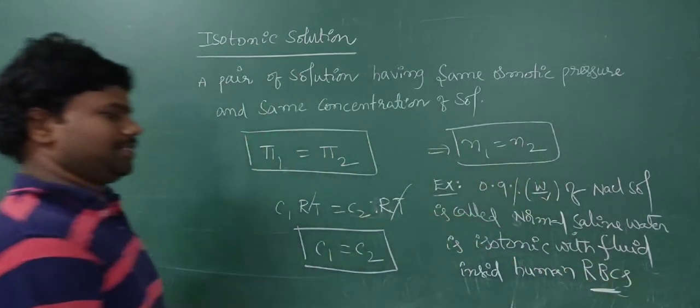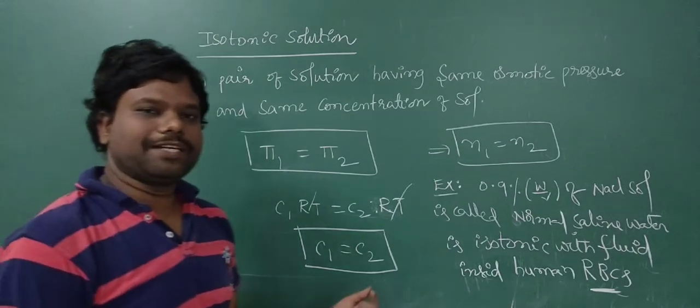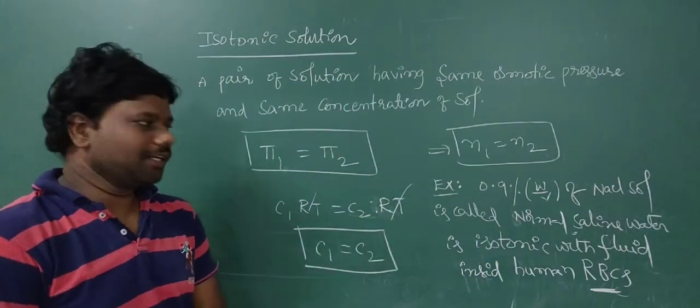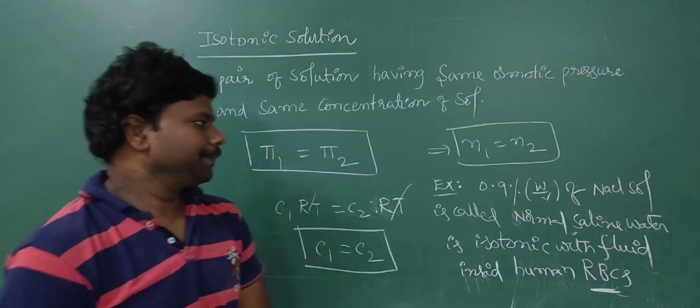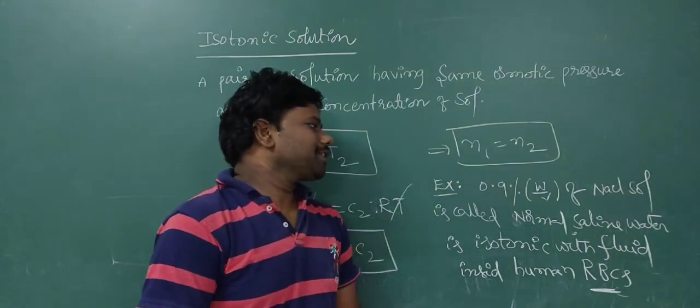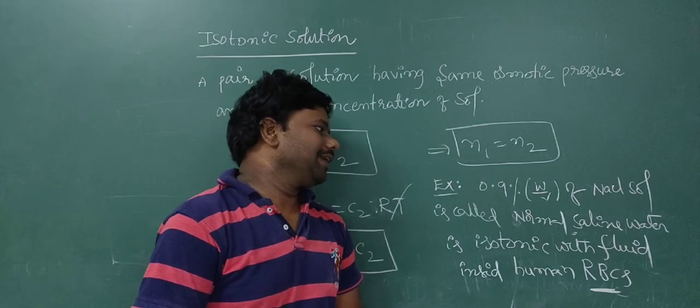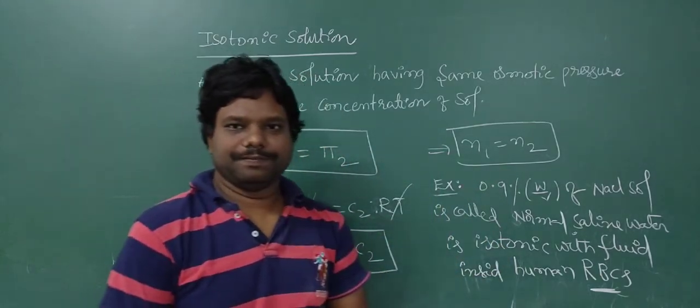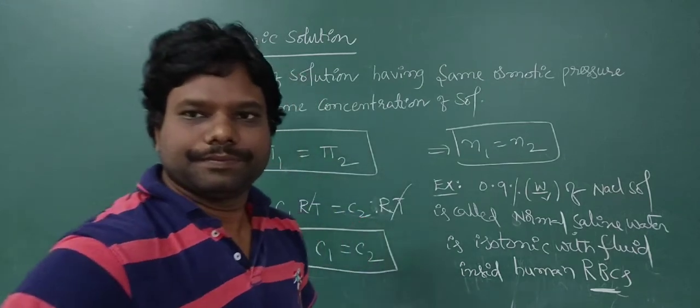RBC means red blood cells. That means 0.9% weight by volume of NaCl is isotonic with RBC cells.